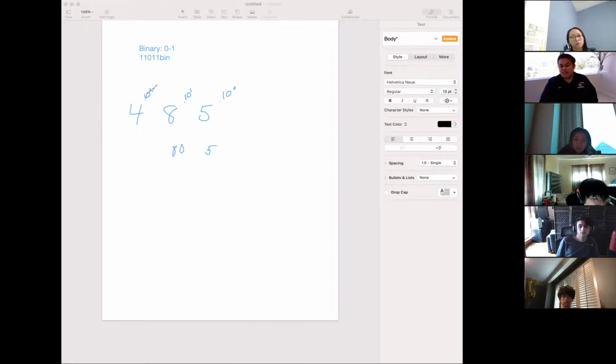And 10 squared is 100. 100 times 4 is 400. And when I add all of these together, I get 485. Makes sense, correct? So in a base 10, we use 10 as our base exponent.